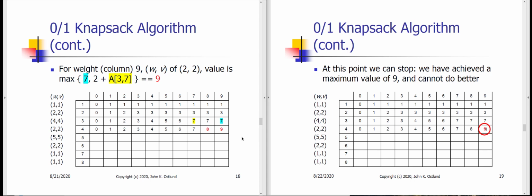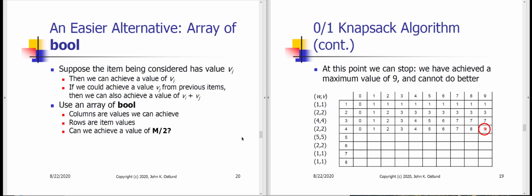All right, well, that's a lot of arithmetic machinery to be lugging around. It turns out that we can do this more simply by using an array of bools rather than an array of integer values. So let's see how this goes. Suppose the item that we're considering has some value, v sub i.